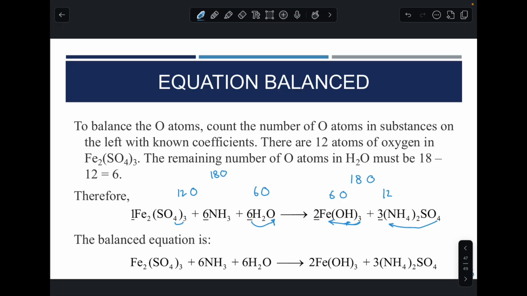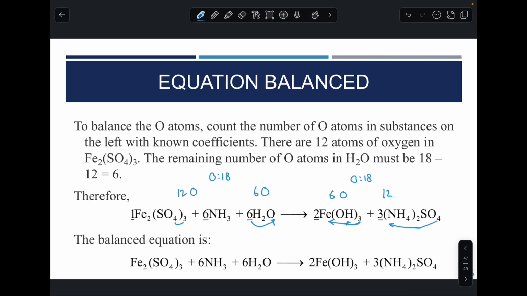So the oxygens are balanced now. So we have 18 on the left, and we have 18 on the right. 18 O, and on this side we have O18. So the oxygens are now balanced.